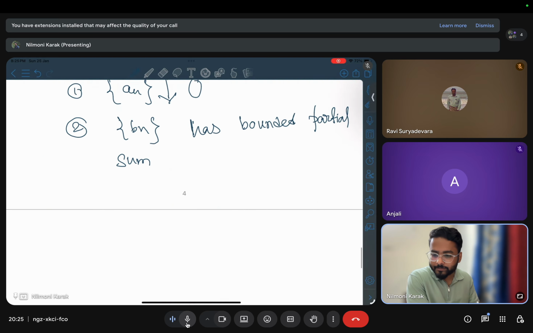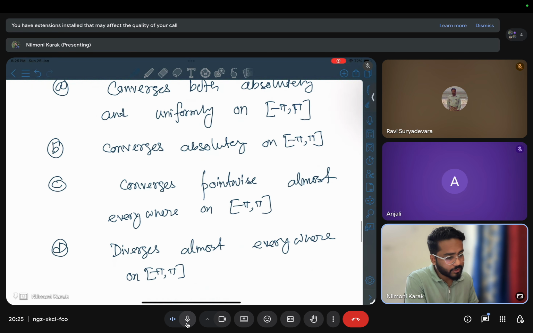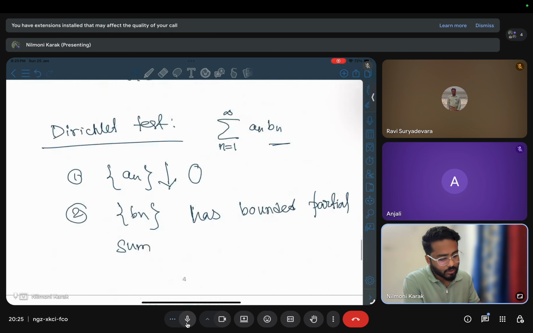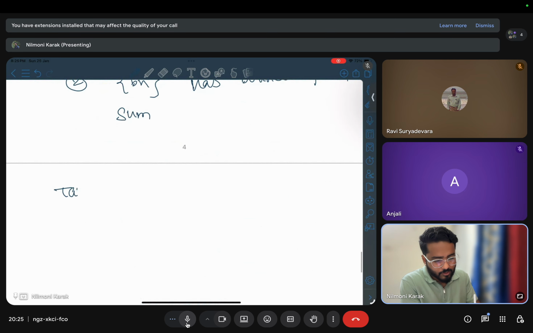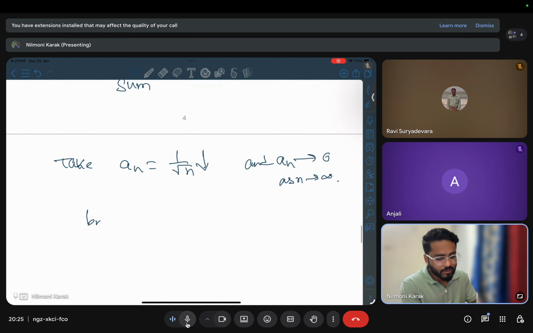Now for this series, take a_n equals 1 by root n, and this is decreasing. Easily you can check this is decreasing, and also goes to 0 as n tends to infinity. And b_n is your sin nx.